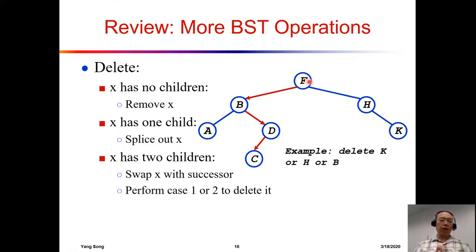The next thing, the really hard part: if X has two children. If X has two children, we want to swap X with the successor. After we swap X with the successor, X will be at the new location, and then we delete X at the new location. One example is if you want to delete B. B has both children, so how should we delete it? The first thing is to figure out what is B's successor.